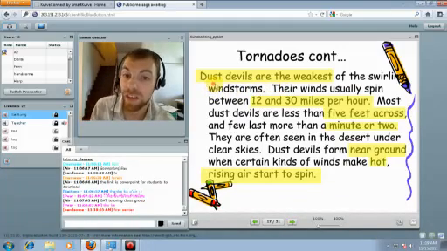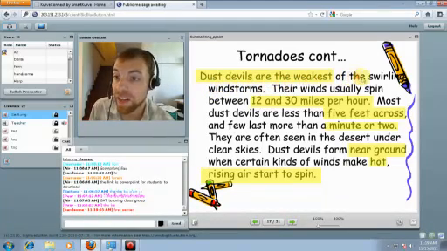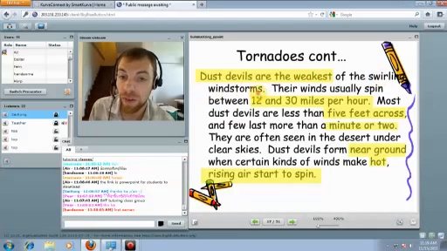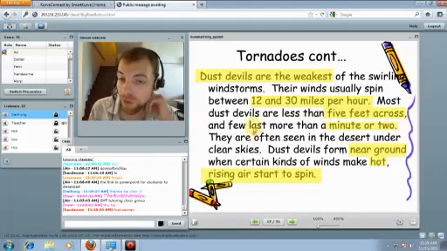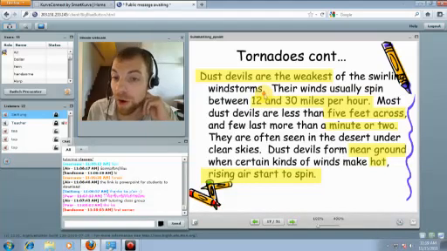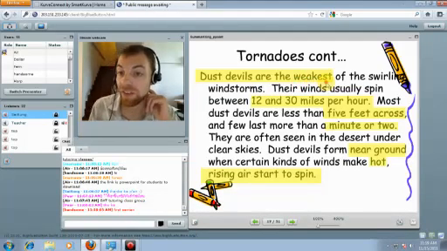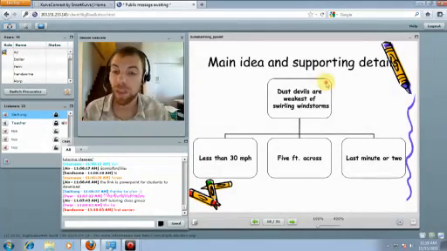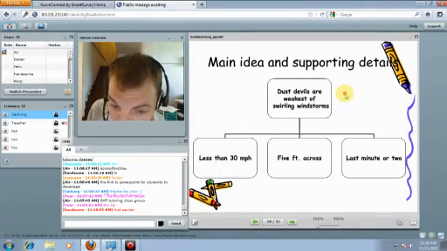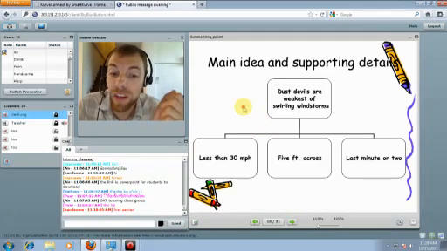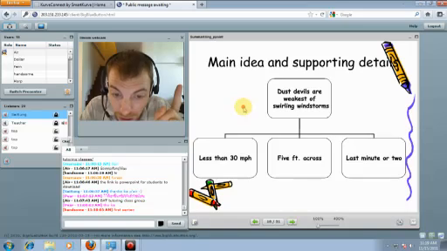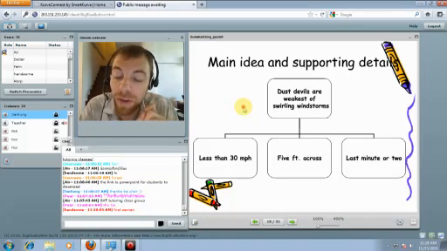This time the topic sentence, the main idea, was our first sentence. This whole paragraph is about dust devils, and our first sentence tells us why they are weak, why they are not strong. So why are they weak? First reason, they are less than 30 miles per hour.